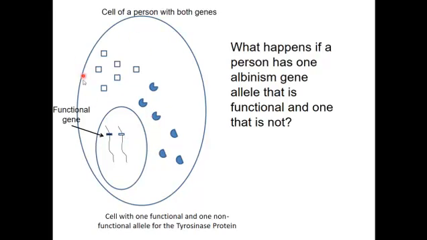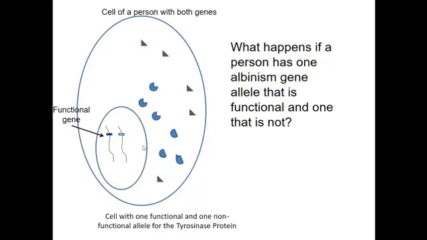These colorless molecules, watch them, they can still get converted using the functional tyrosinase. So even though we only have one functional gene, when it comes to this particular gene pathway, one functional gene is enough. It is enough to produce pigment in this individual.